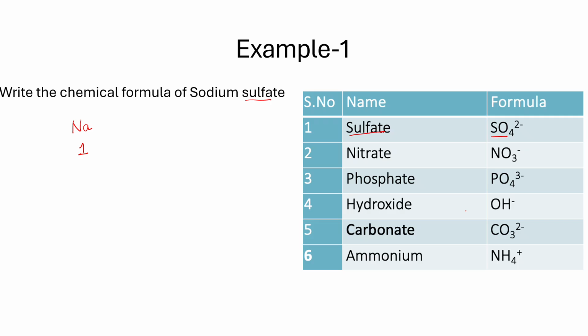So we write SO4, and just as we discussed for ions, the magnitude of the charge is the valency. So the valency of sulfate is 2. So we write that 2 and then we cross multiply.